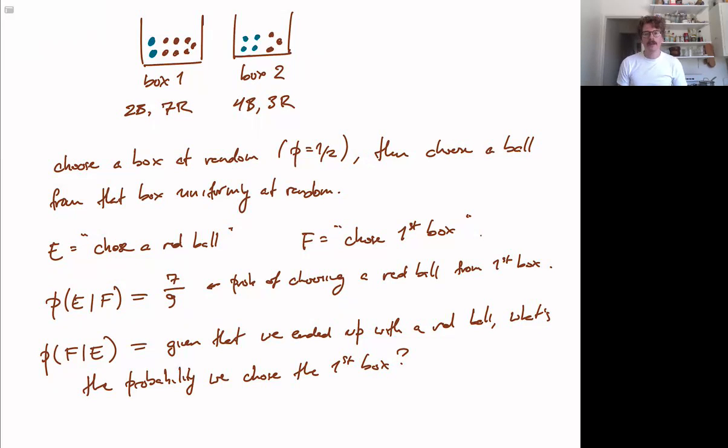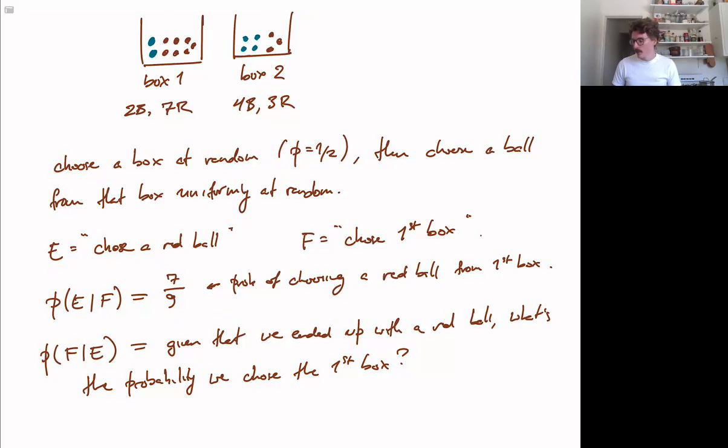So this is a good example of how these things can have quite a different feel to them. So the probability of E given F, on the one hand, is just take the first box. What's the probability of choosing a red ball? Fairly straightforward, 7/9. We can just compute it straight out. But the probability of F given E is slightly more mysterious, because somehow it feels more like it's asking, given that we observed some outcome from our experiment, what can we conclude about what caused that outcome?